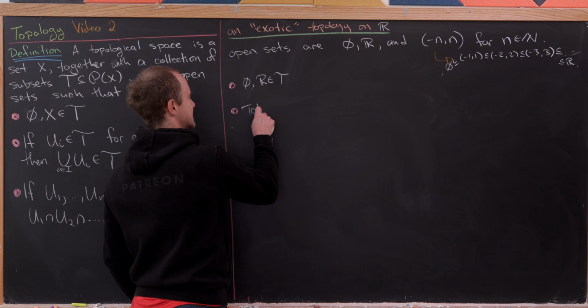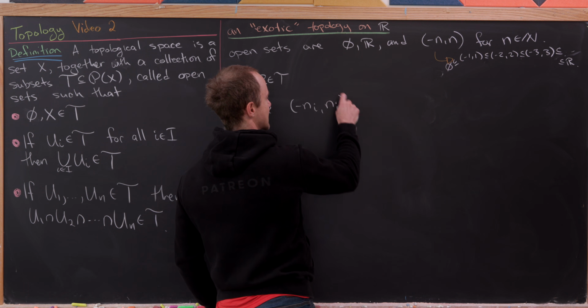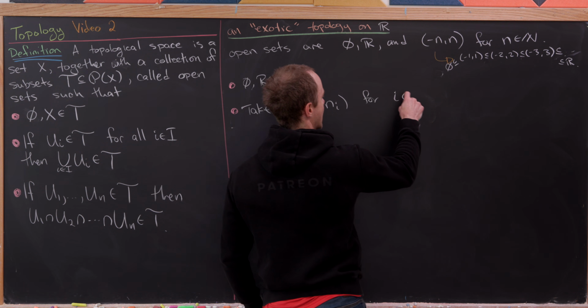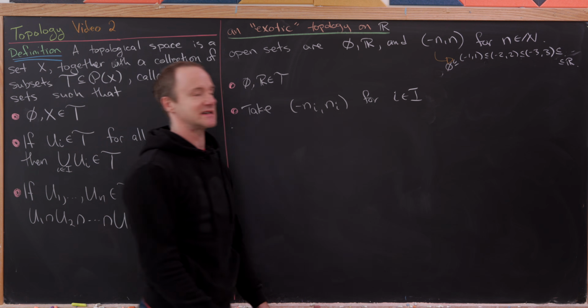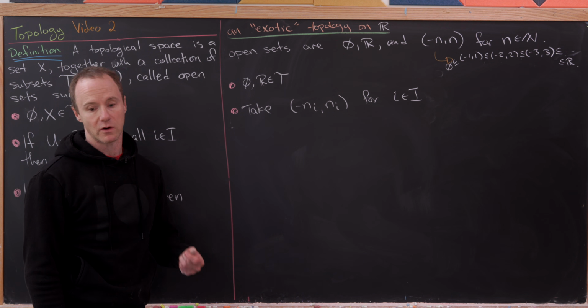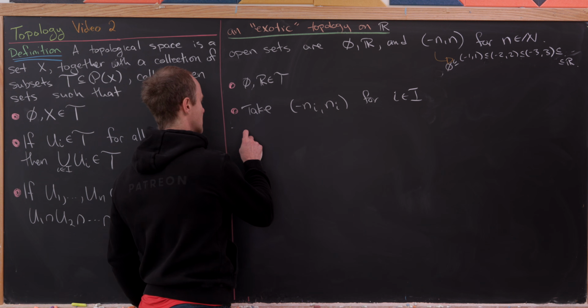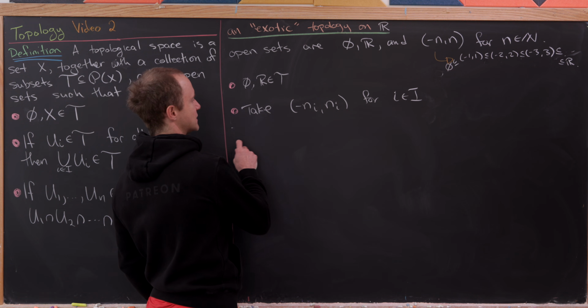Okay, so let's take open sets minus n_i to n_i for i running through some indexing set capital I. And that indexing set could be finite or infinite. It doesn't really matter. Now let's observe the following.